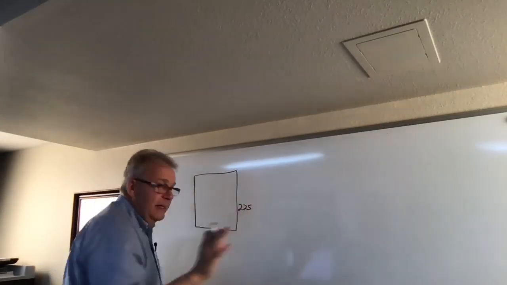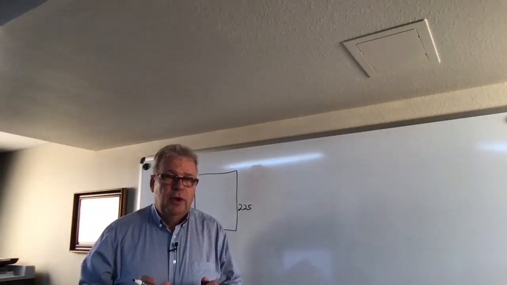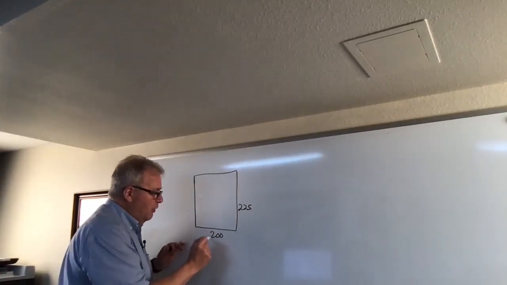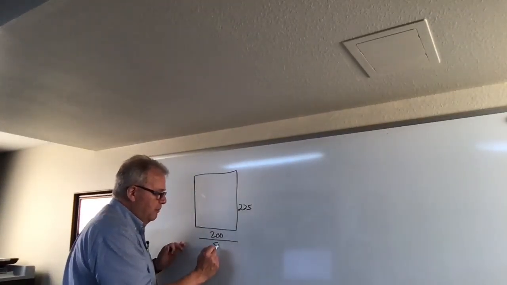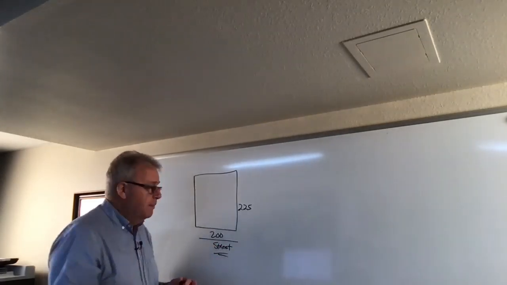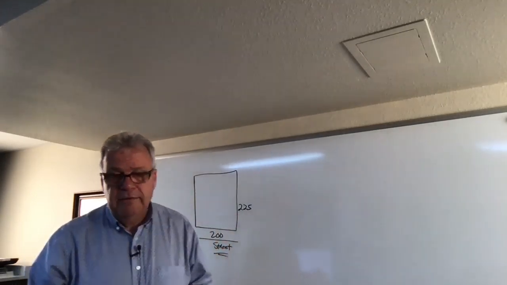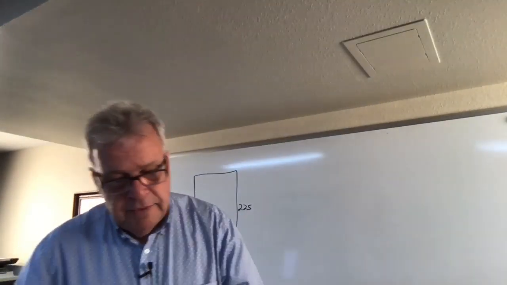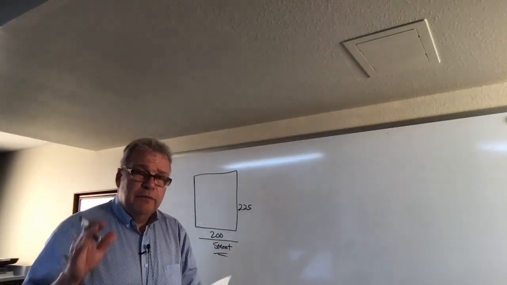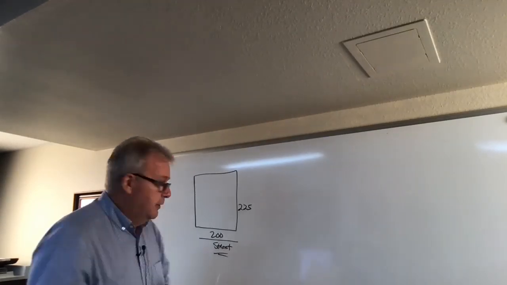Now, anytime you see in the course where they give you a measurement, the first measurement is always going to be the street measurement, or what we call the front foot, okay? So this lot measures 200 by 225, and it tells us that she lists the property for $350 per front foot, okay?